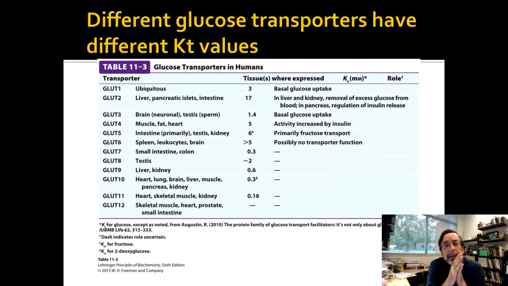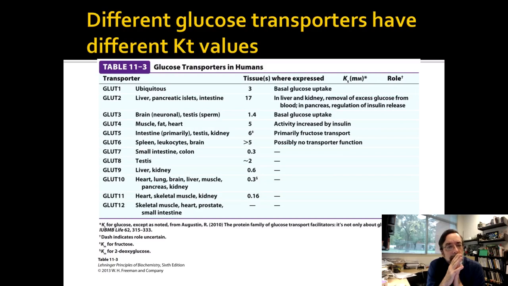And the lower the Kt, the better the binding. So look up and down on this and say to yourself, what kind of organs have the tightest binding glucose transporters? And if you look up and down, the smallest numbers are at the bottom. And so you have heart, skeletal muscle, and kidney. A lot of the heart ones are at the bottom.